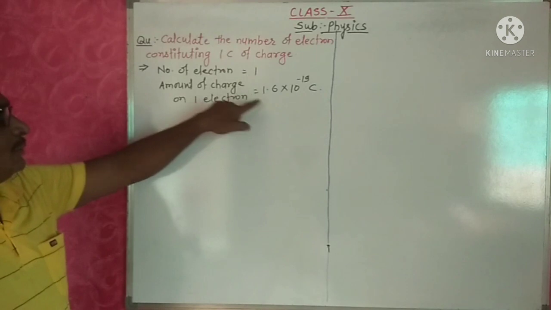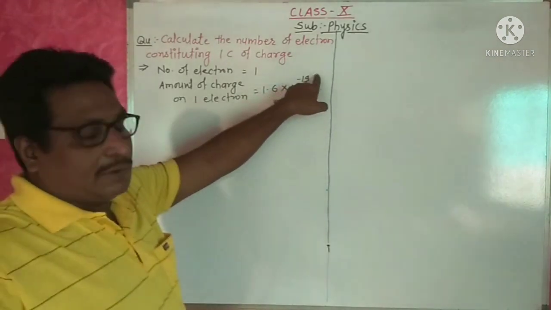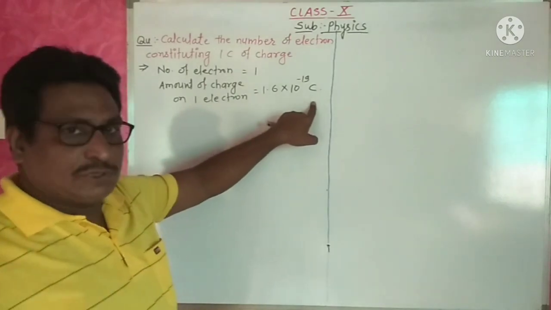On 1 electron, how much charge is there? 1.6 into 10 raised to the power minus 19 coulomb. The unit of charge is coulomb, that also we discussed. So on 1 electron there is 1.6 into 10 raised to the power minus 19 coulomb of charge.